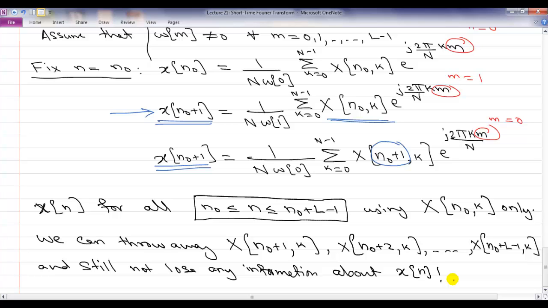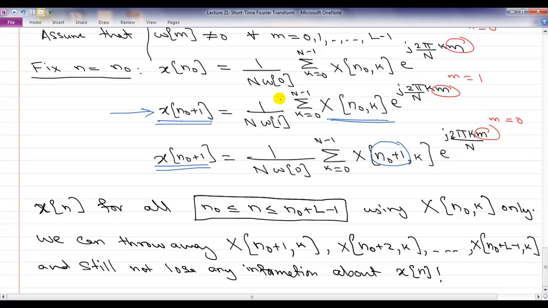If your window is of length L, and the key thing is that every sample of my window has to be non-zero, otherwise I cannot use this division by w[m]. If every sample of my window is non-zero and my window is length L, my short time Fourier transform has a lot of redundancy even in the time domain. I can throw away samples associated with different values of n and still recover my original signal sequence.